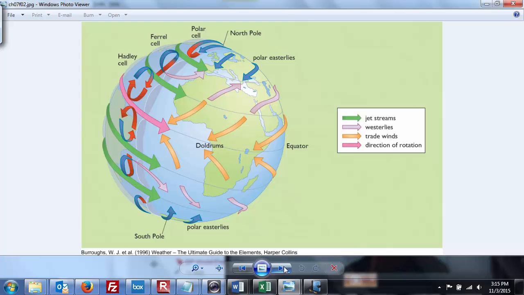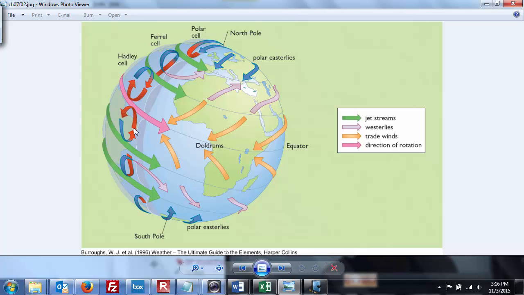And then the Hadley cell is also mentioned there. George Hadley first described them in 1753. Another thing to note here, one thing the authors are trying to depict is the three-dimensional nature of what's going on.